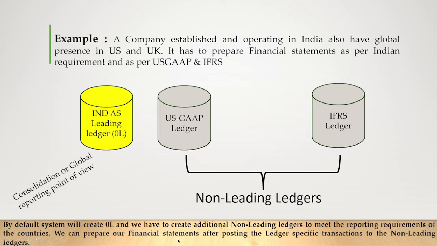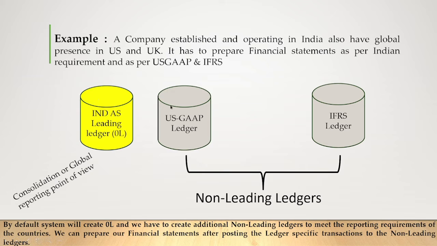We can prepare our financial statements after posting the ledger specific transactions to the non-leading ledger. Here we are operating from India, hence the leading ledger principle will be from the consolidation or global reporting point of view. Here consolidation is happening in India, hence the Indian accounting standard will be assigned to our leading ledger as the accounting principle.